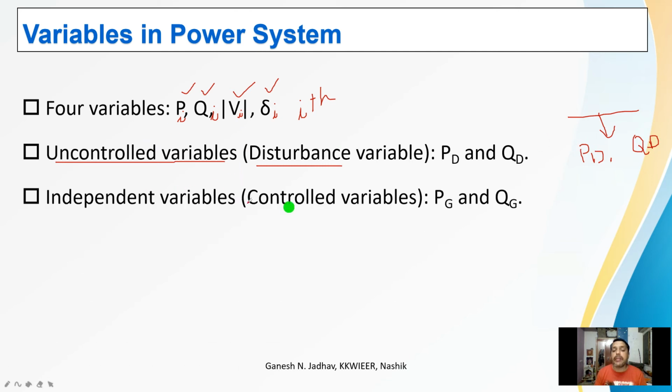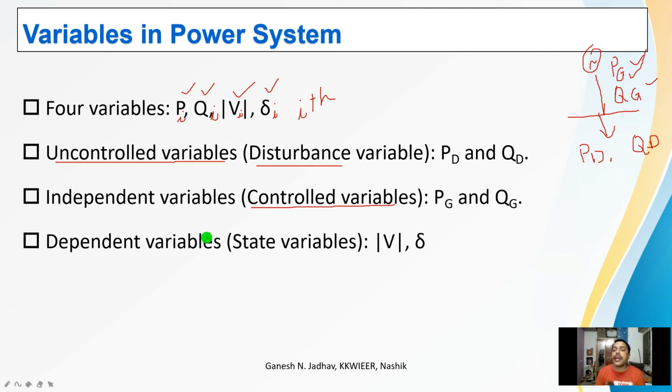Some variables are dependent variables, and the independent variables are the controlled variables. Suppose the ith bus is connected to a generator. The active power PG and reactive power QG supplied by this generator are controllable in nature, so we call them independent variables, because they do not depend on any other quantities.